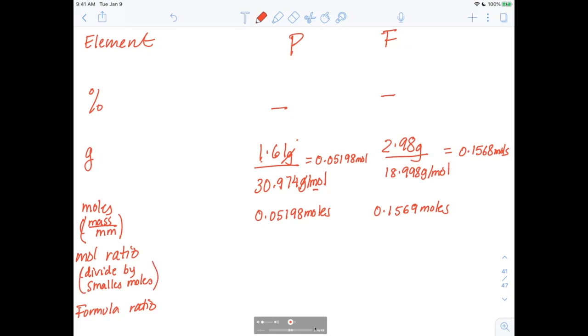So you take 0.05198 divided by 0.05198, and then 0.1569 divided by 0.05198. Let me get my number from up here, enter. What do I get? Here I get 3.02, and then here I get 1.